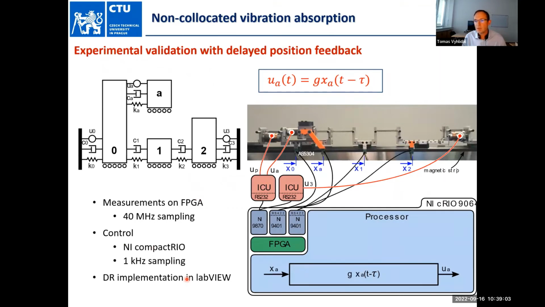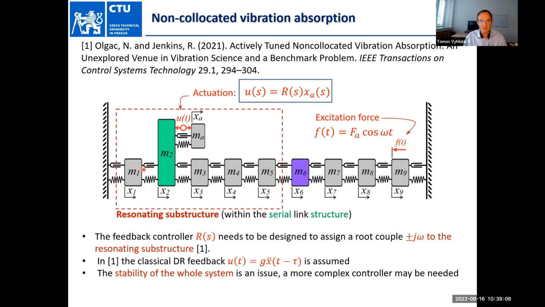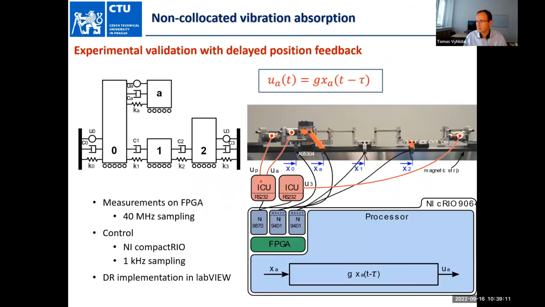In our experimental setup, we don't have so many carts yet, so many masses connected. We only have 3, and the absorber, which is mounted to this one. So here is M0, M1, and M2. The whole structure is being excited from the right.